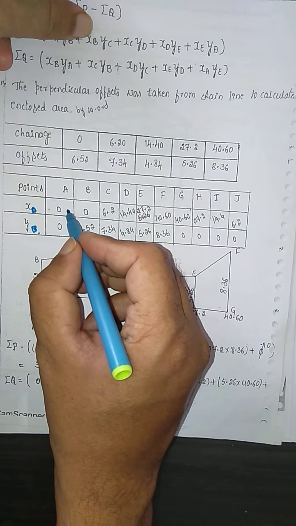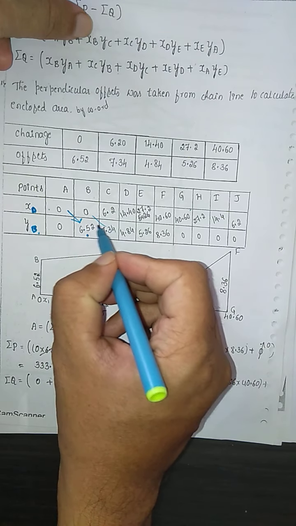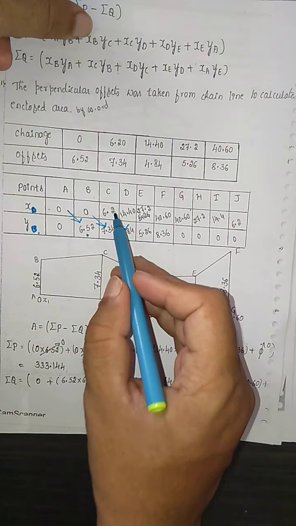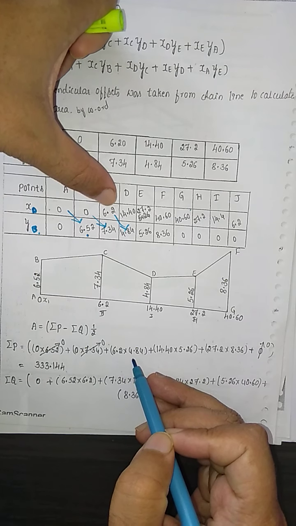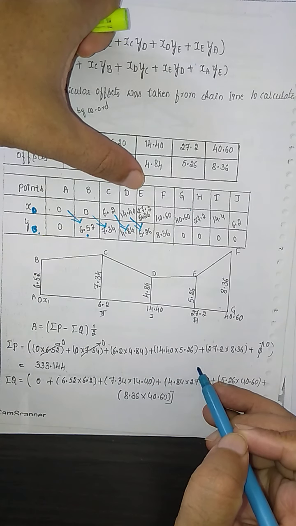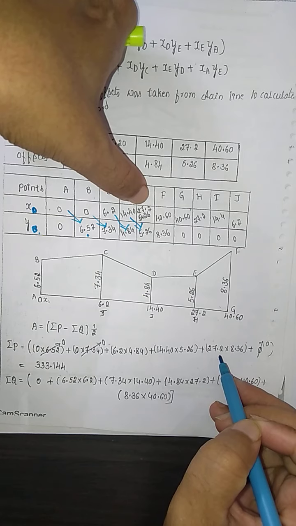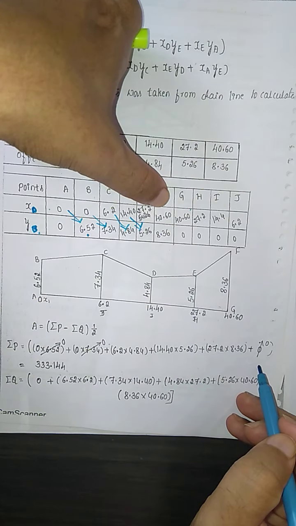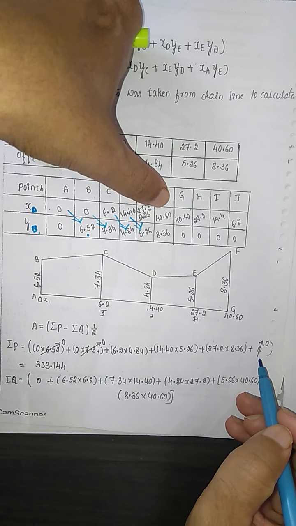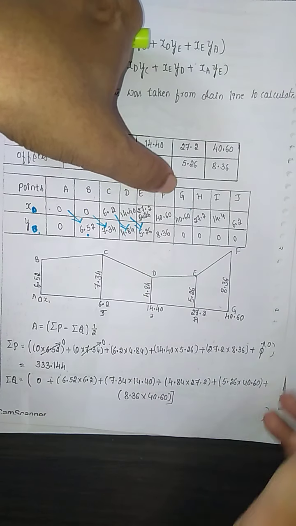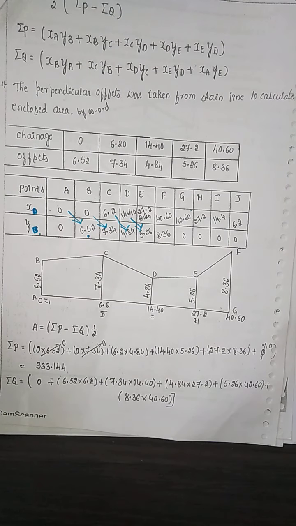You will be multiplying like this for p: 6.2 into 7.34, 14.4 into 4.84, 27.2 into 5.26, then 27.2 into 8.36, plus 40.60 into 0, so that will be 0. After all, the remaining values are 0. So sigma p will become 333.144.